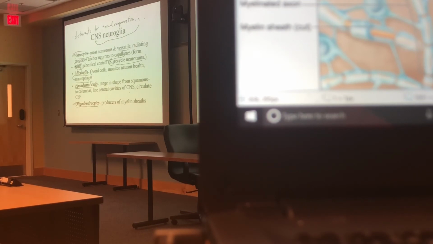Ependymal cells are a type of specialized simple epithelium, okay? Talked about that, I think, last class about basic tissues, right? They can range in shape, they can be squamous, or they can be columnar.